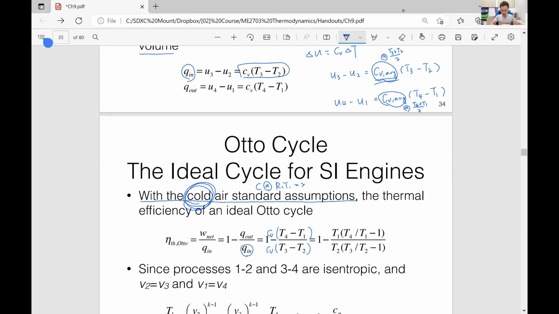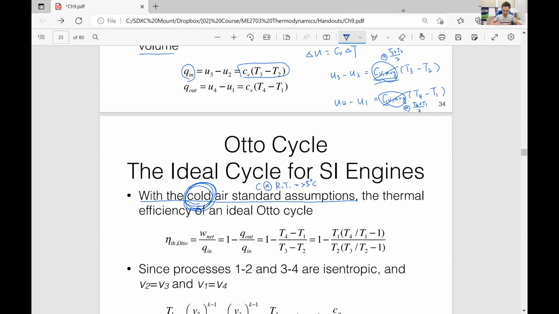which is 25 degrees. That means these two specific heats are the same. So we can cancel the specific heat because of this, because of cold air standard assumption. Okay. All right.